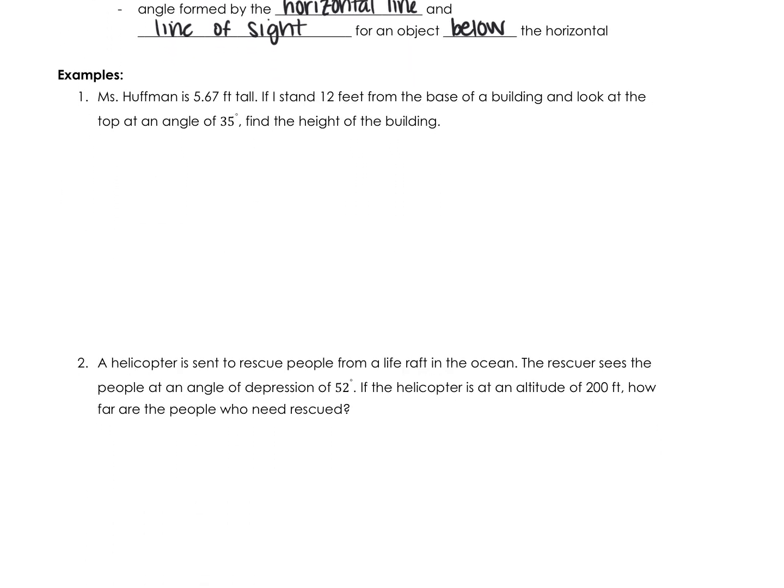So let's go ahead and do a couple examples. So Miss Huffman is 5.67 feet tall. If I stand 12 feet from the base of a building and look at the top at an angle of 35 degrees, I want to find the height of the building. So it's actually very helpful here to draw a picture. So I have my building, and then I am standing 12 feet from the base.